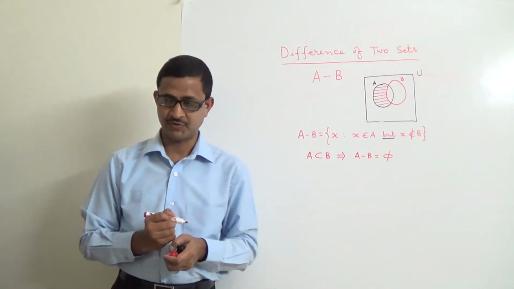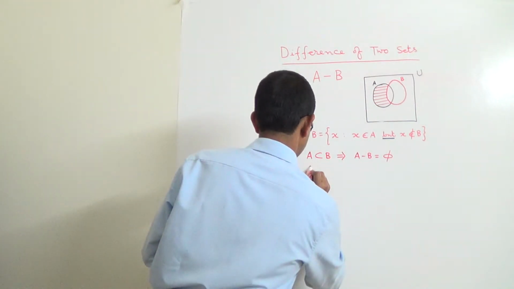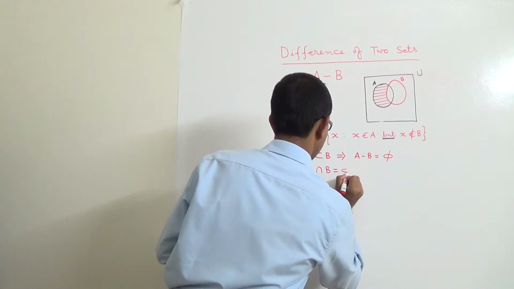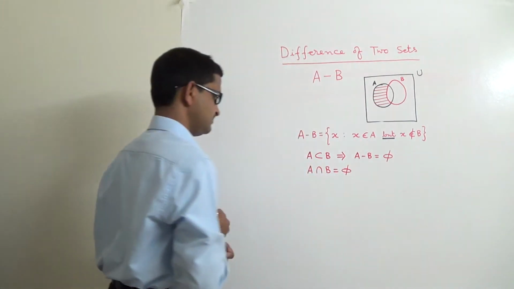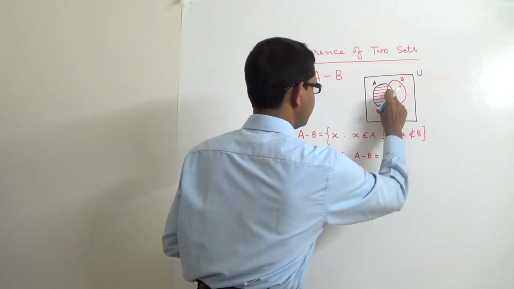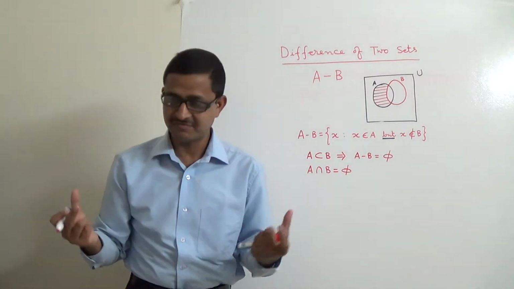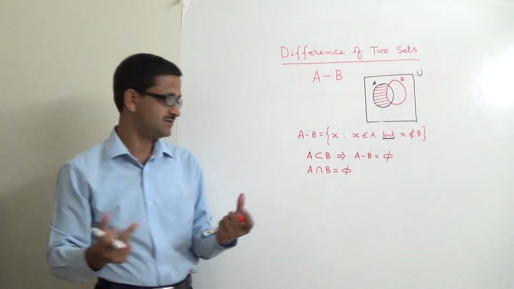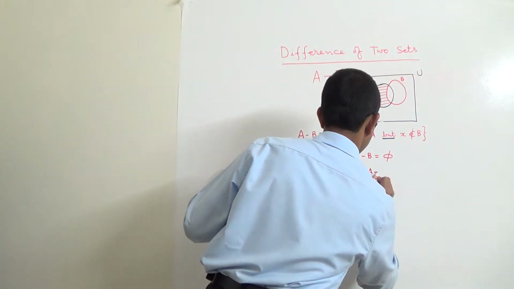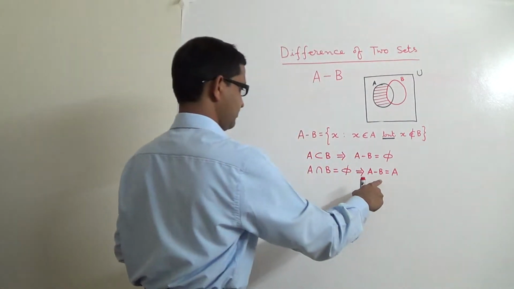Clear? Next one is that if A intersection B is equal to phi, that means this portion A intersection B equal to phi, then A minus B is nothing but A. So this implies A minus B is equal to A. I hope you understood this one.